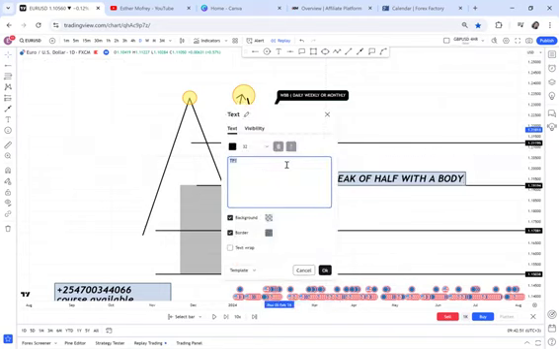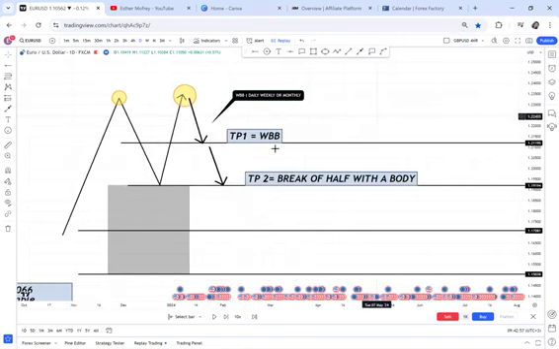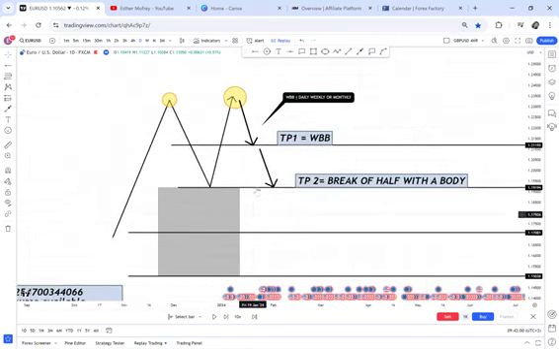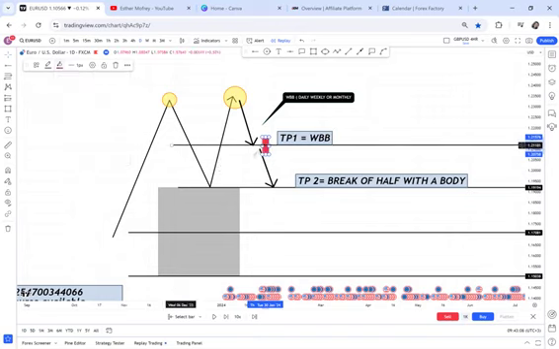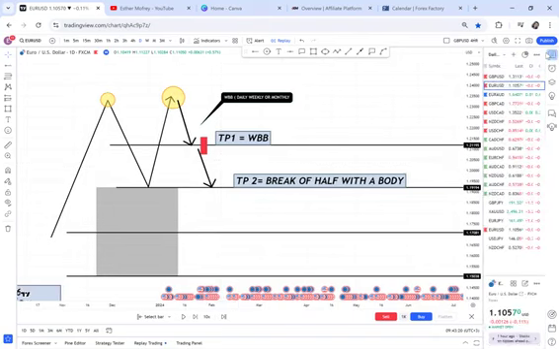TP1, you use WBB. TP2, break of half with a body, meaning that if you want to target TP2, the market should break like this with a red candle, and then you should be targeting to hit there. In this video, we are really focusing on how to trade to TP2.